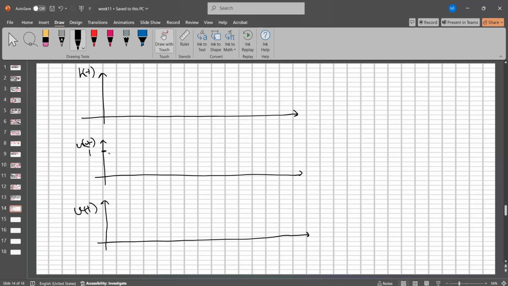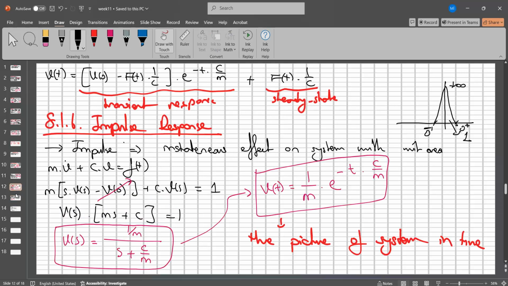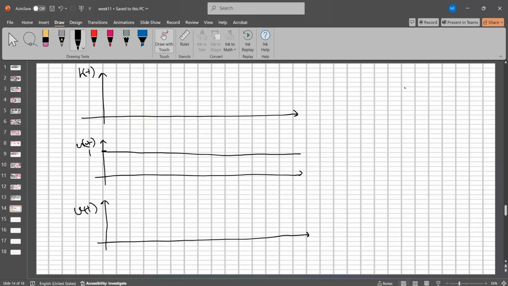This u(t) equals 1, right? This h(t) is coming from 1 divided by m e to the minus c over m t. So how can we draw this equation?